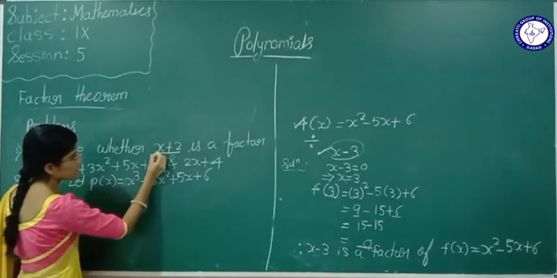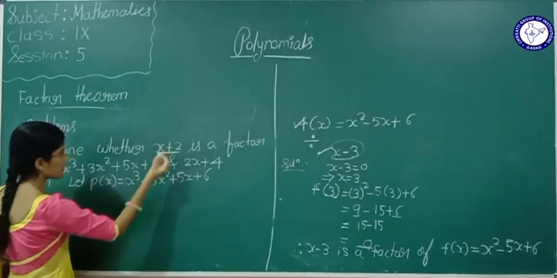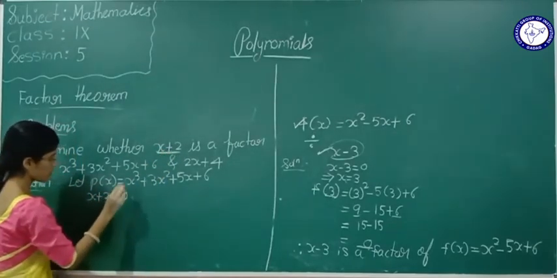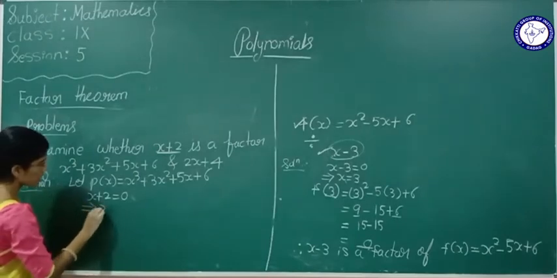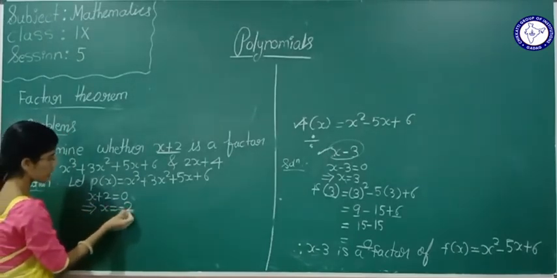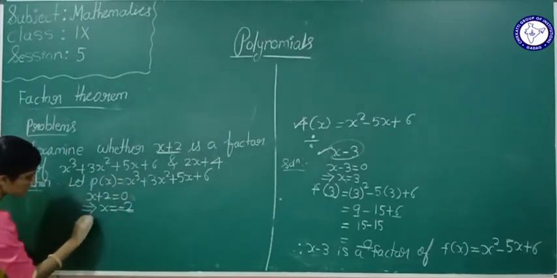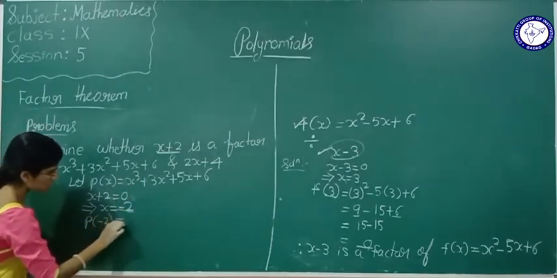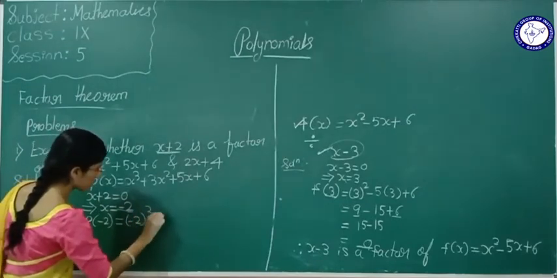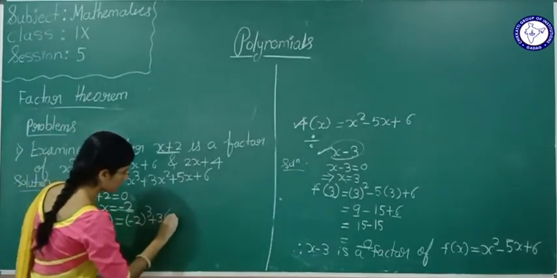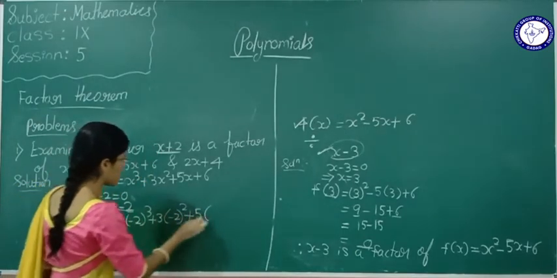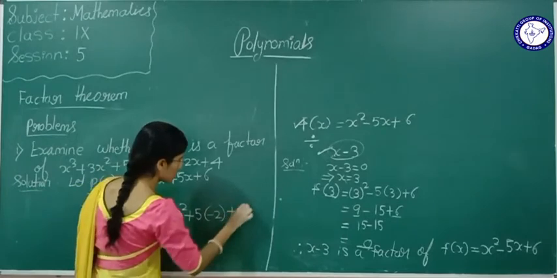See here, you equate x plus 2 with 0. So this is nothing but x is equal to minus 2. You substitute this minus 2 in this polynomial, that is p of minus 2 is equal to minus 2 the whole cube plus 3 times of minus 2 the whole square plus 5 times of minus 2 plus 6.